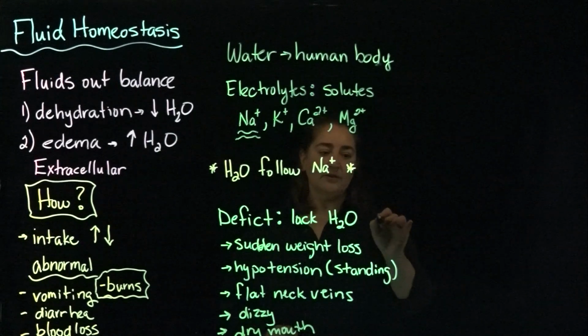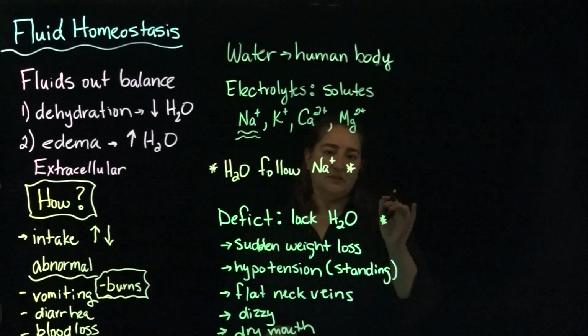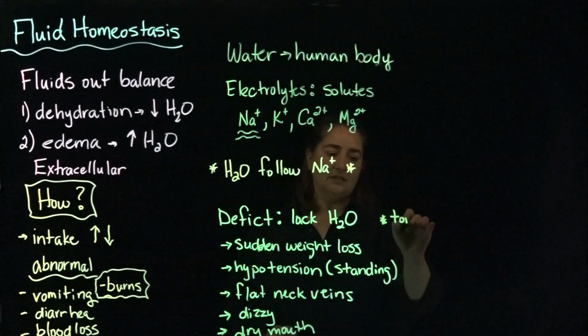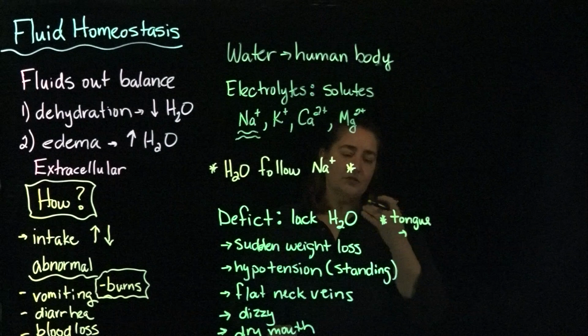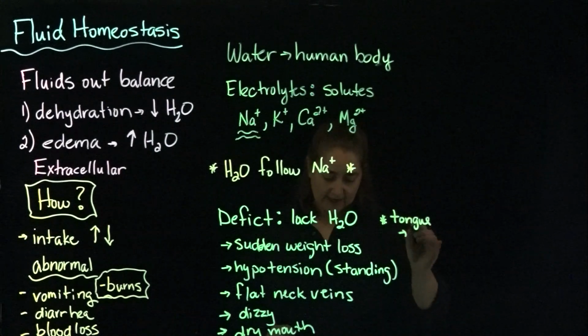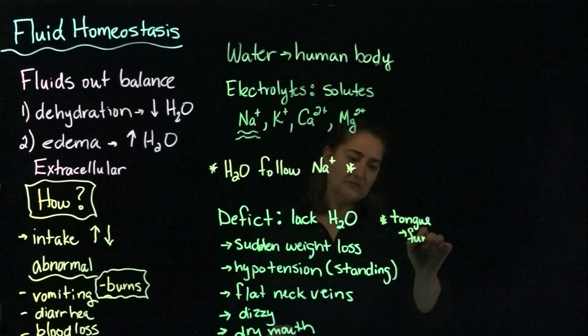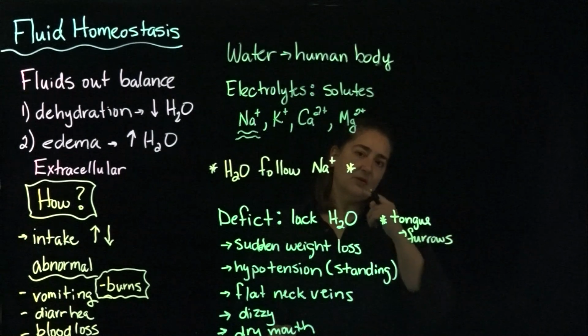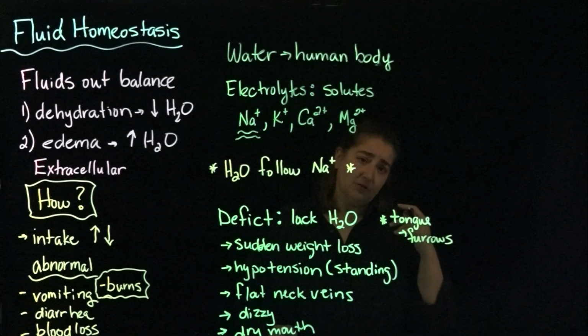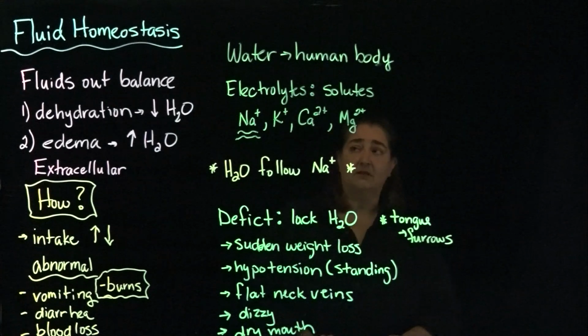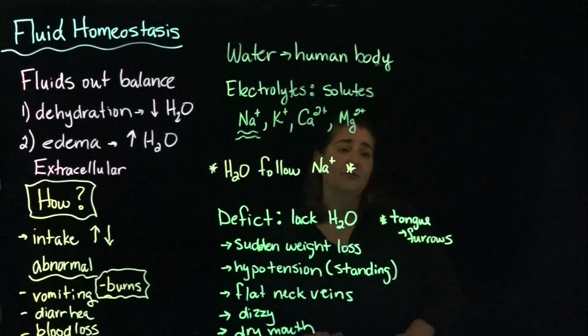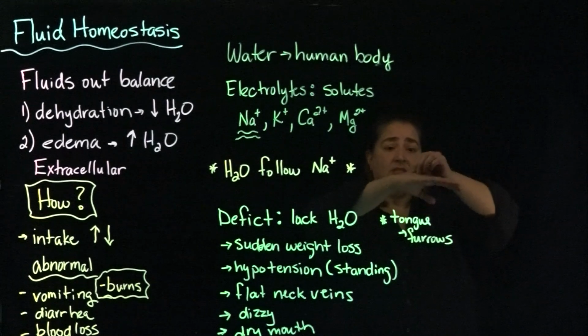And then another area that can be useful clinically is looking at the tongue. Because individuals who are dehydrated will have some furrows or lines in the tongue that you can see, all right? Another way that you can determine dehydration with an individual is a test with your skin.